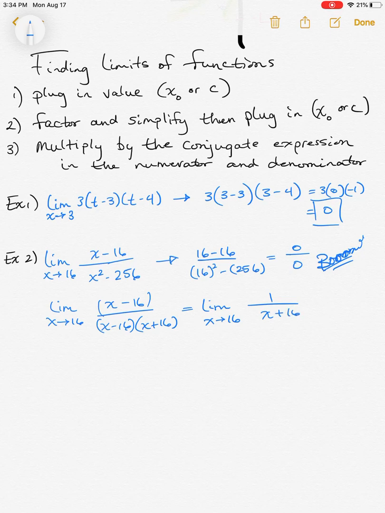Now that I've factored and simplified, the next thing that I will do is plug in again. Now that I'm plugging in again, I no longer need the word limit right there. So we have 1 over 16 plus 16, which is 1 over 32. Boom, we have something that's finite that works with us.